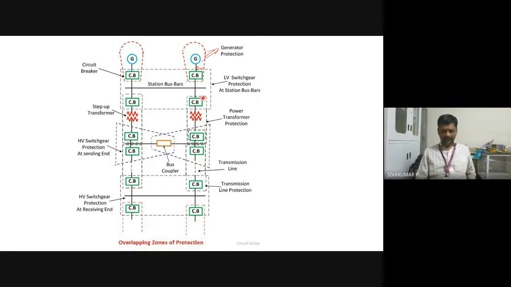Next we move to the transformer. Assume the voltage produced is 11 kV. This 11 kV is not directly transmitted. We step it up to 230 or 400 kV, at least 110 kV.